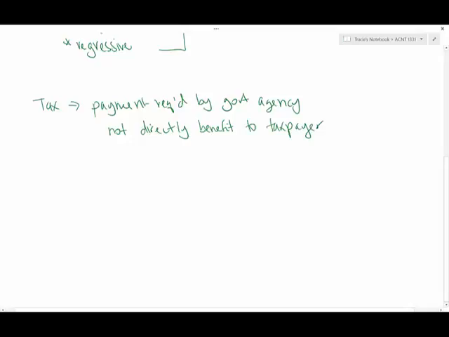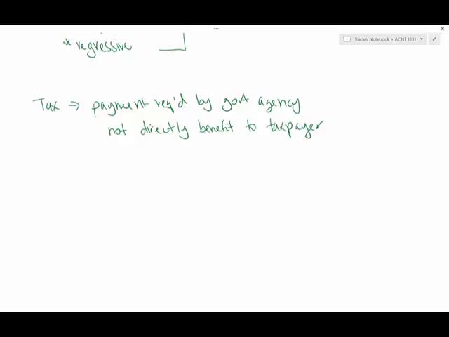And so it is important to understand what a tax is, because we will have some areas later on this semester where we talk about the fact that this is a fee, like a fishing license. I get the benefit of being able to fish, whereas a tax, I don't get a direct benefit as a taxpayer. So it's a payment that's required by a government agency.